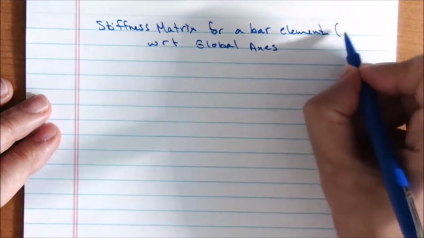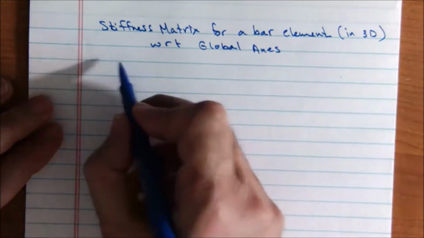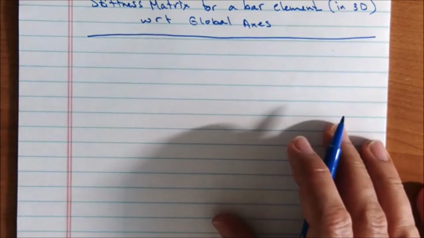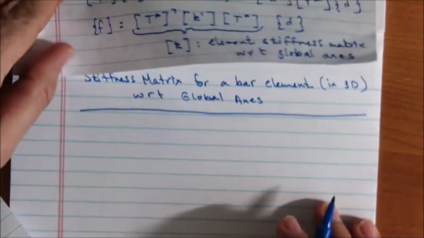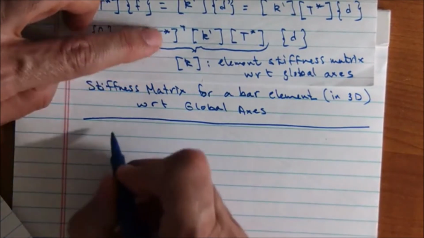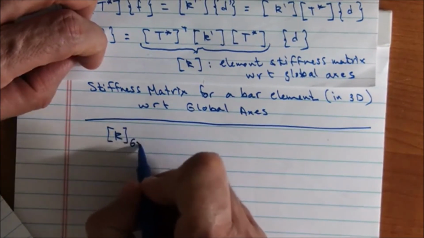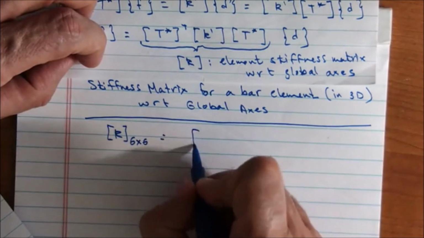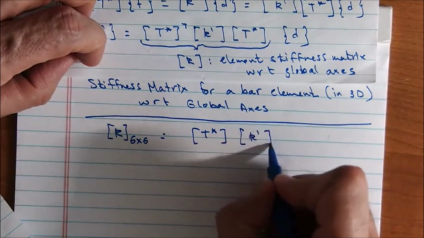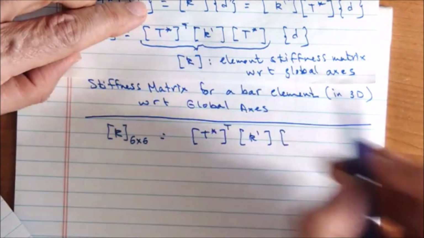And let me emphasize here that this is in 3D. So we are working to evaluate this K, and we know that in 3D, this is going to be a 6 by 6, equal to this T star transpose matrix multiplied by K prime multiplied by T star.